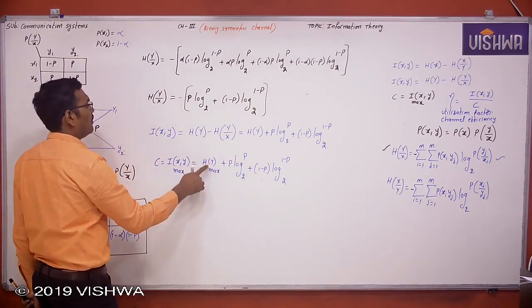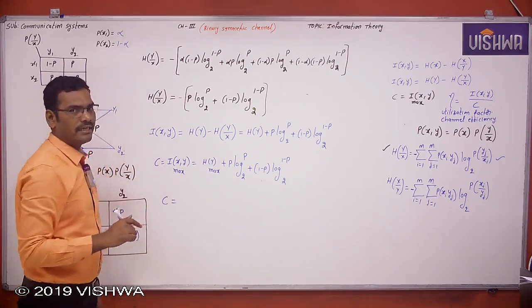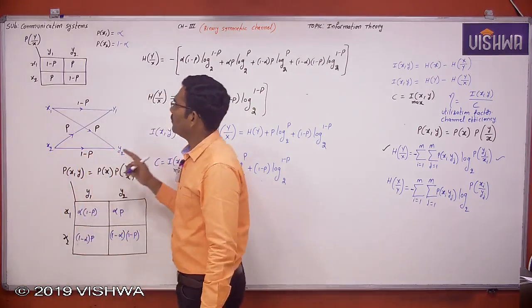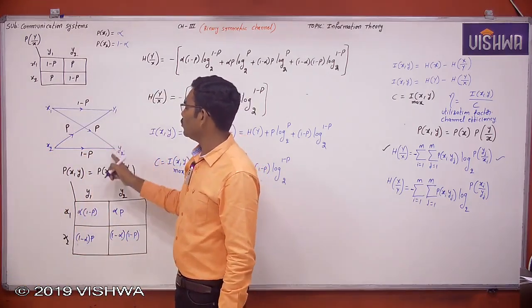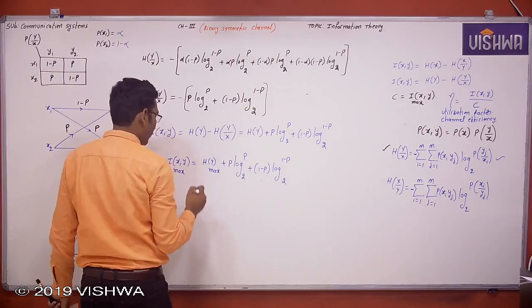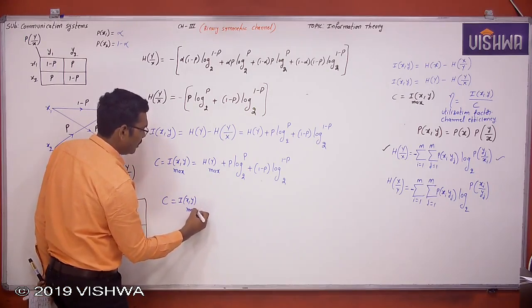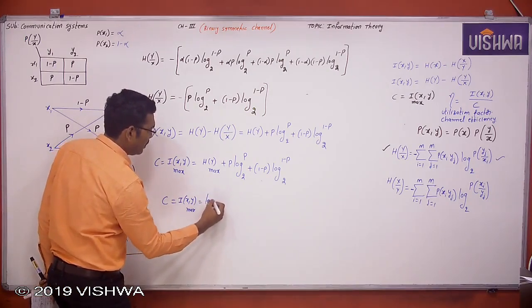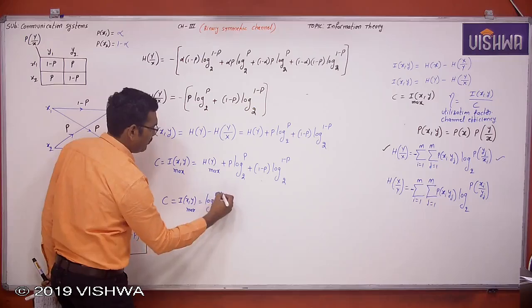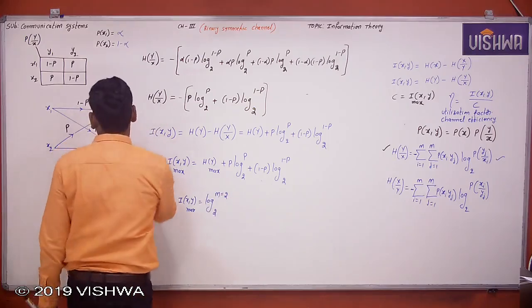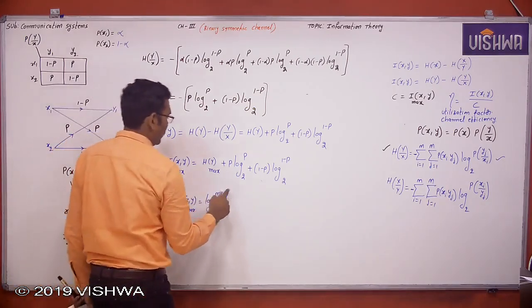So the maximum entropy of a discrete source, where the source is generating two symbols. What is H of y maximum? You know the maximum entropy formula is log m base 2, where m is the number of symbols. Here there are two symbols, so m is 2.